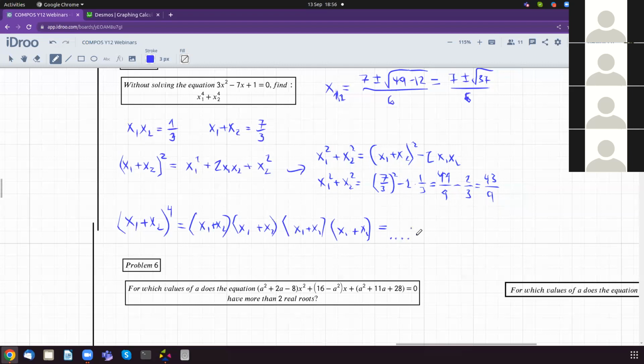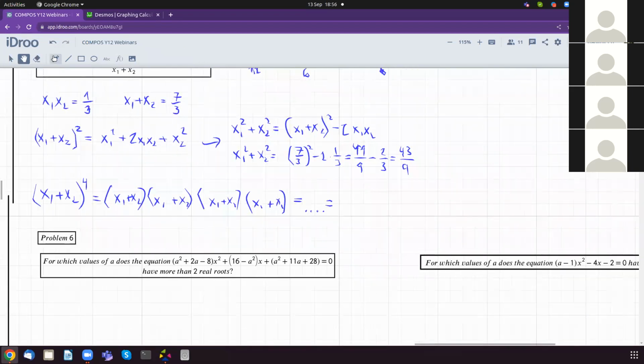If you don't know the binomial formula, do give it a go and test it. So it is x1 to the power 4 plus 4x1 to the power 3 x2 plus 6x1 squared x2 squared plus 4x1 x2 cubed plus x2 to the power 4.